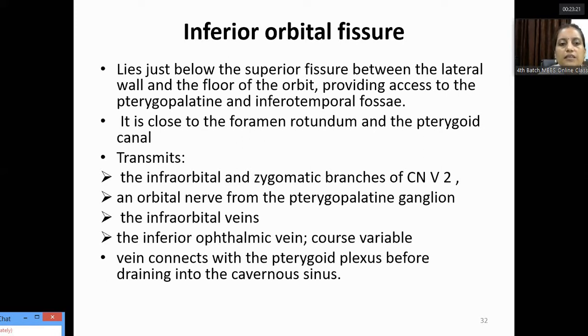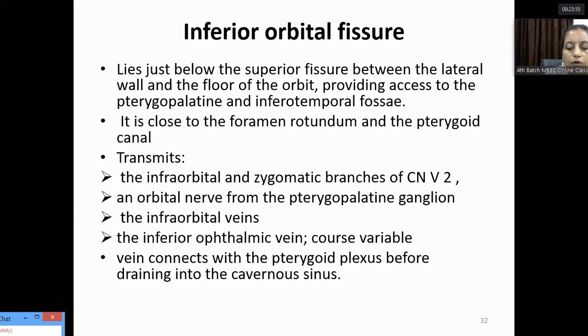It transmits the infraorbital and zygomatic branches of the maxillary division of the trigeminal nerve, the orbital branches from the pterygopalatine ganglion, the infraorbital vein, and the inferior ophthalmic vein, and it also connects veins to the pterygoid plexus before draining into the cavernous sinus.